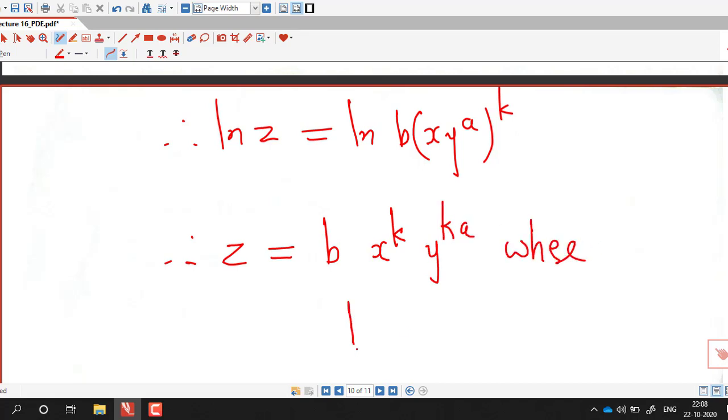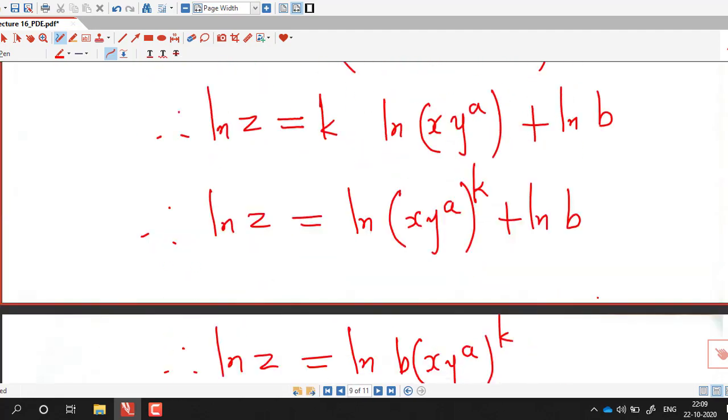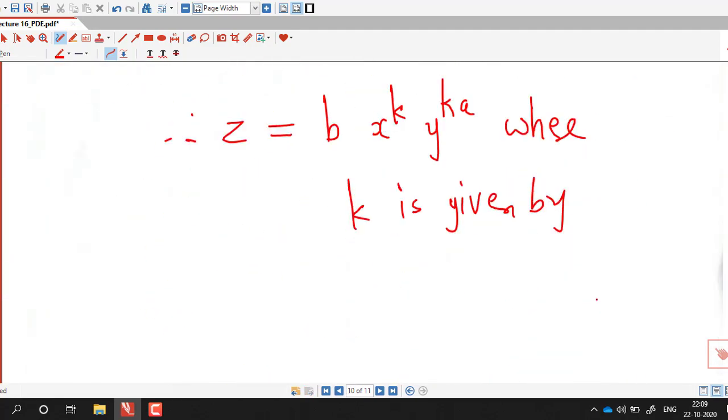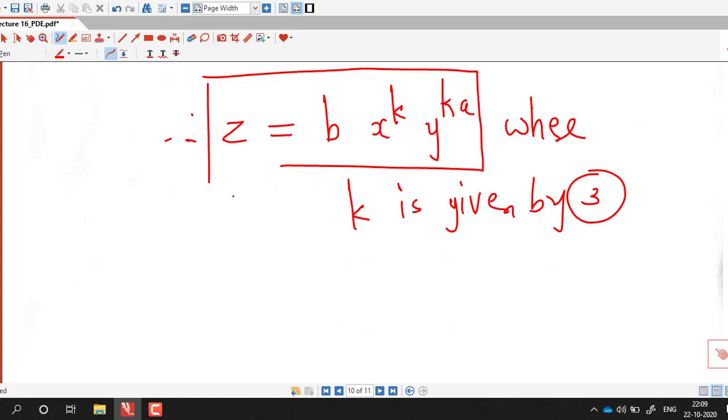Where this constant k is given by number 3. Let me check number 3. And this is nothing but the complete integral of the given equation, where a and b are arbitrary constants.